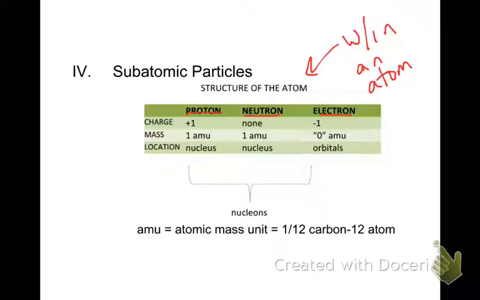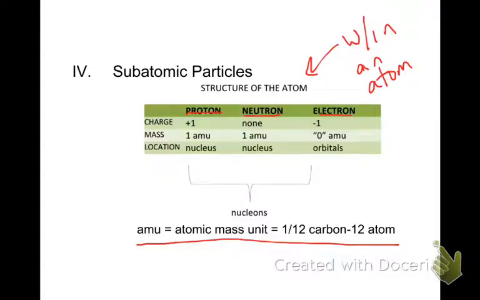They have a mass of 1 atomic mass unit. Now, remember I told you we would define what an atomic mass unit is? Well, that definition of an AMU is it's equal to 1/12 of a carbon-12 atom. It's just basically a unit. So the mass of a proton is 1 AMU, and it's located in the nucleus of the atom.